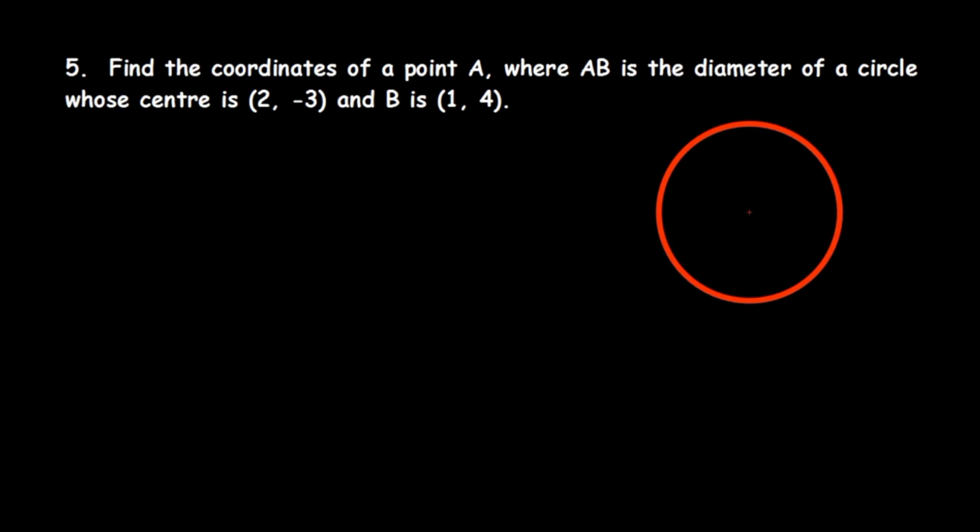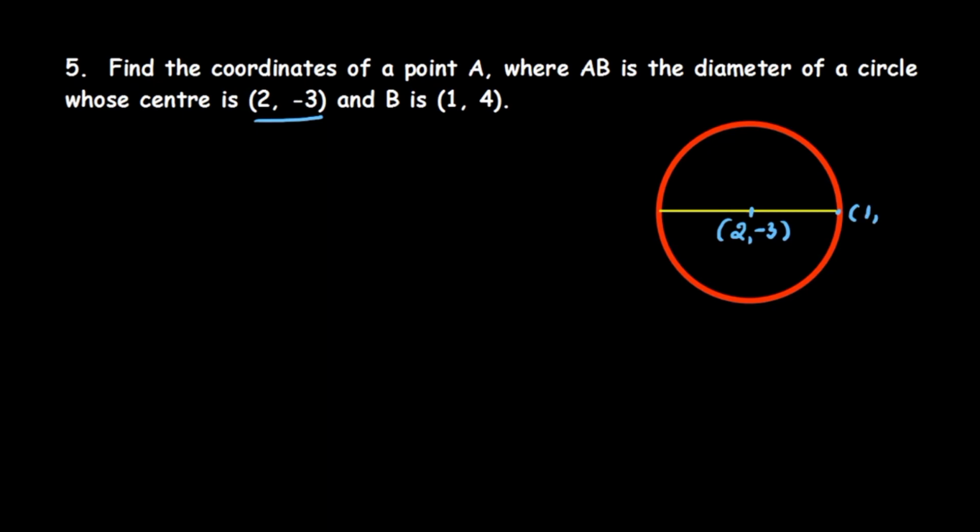In a circle, this is the diameter of the circle, and here we have the points. The center of the circle is given as (2, -3). So we write here the center of the circle (2, -3), and one end of the diameter is B (1, 4).